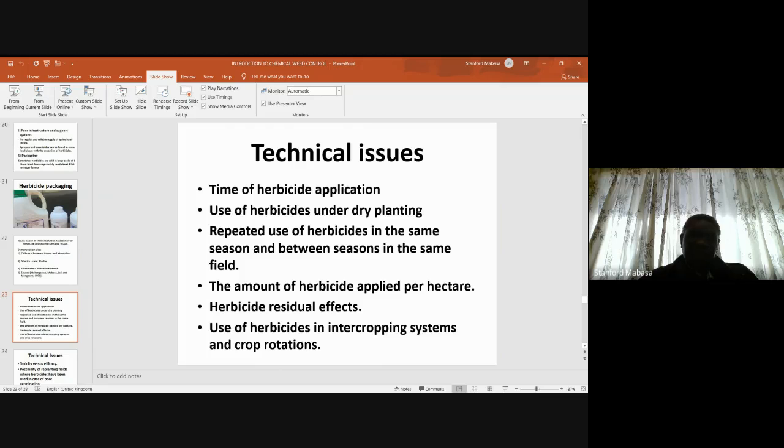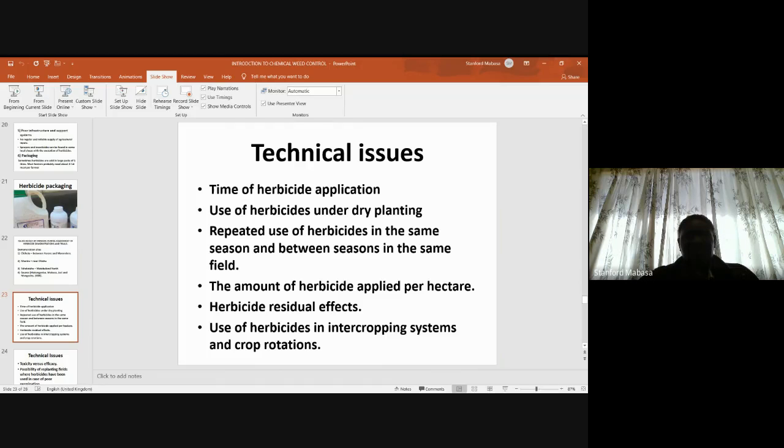For example, time of herbicide application, farmers were not sure when to apply these herbicides. Whether to apply before crop emergence or after crop emergence, although herbicides are quite flexible. You can put some pre-emergence or post-emergence, but farmers were not very sure.